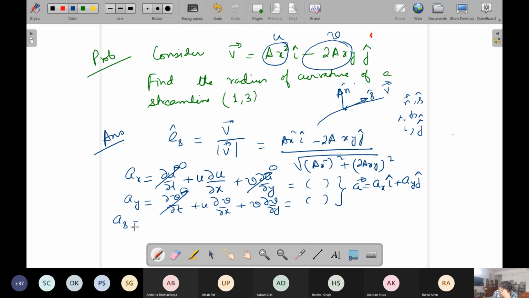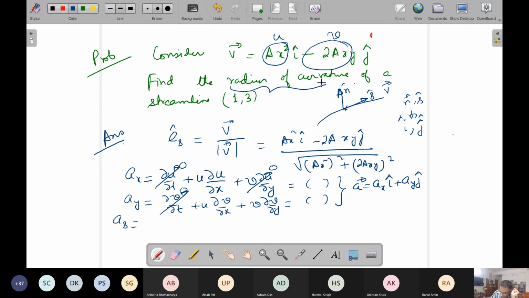So acceleration along S and acceleration along N. Which one will be useful to calculate the radius of curvature?